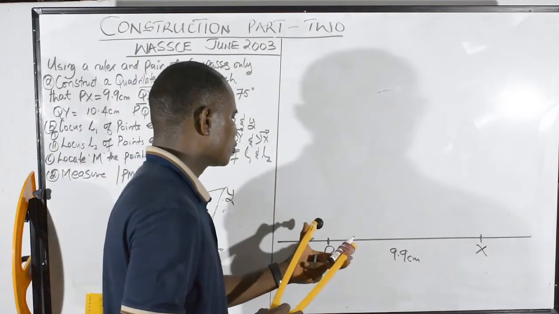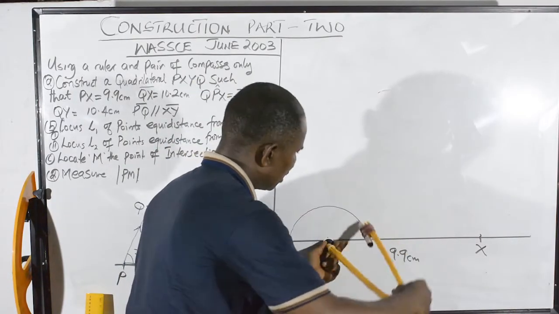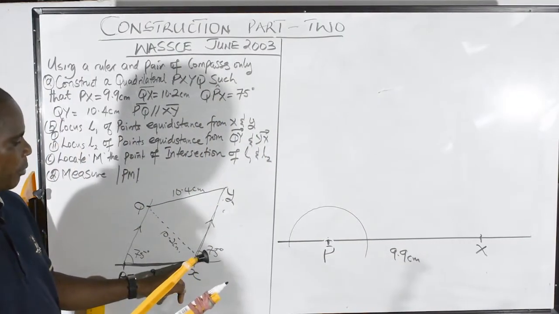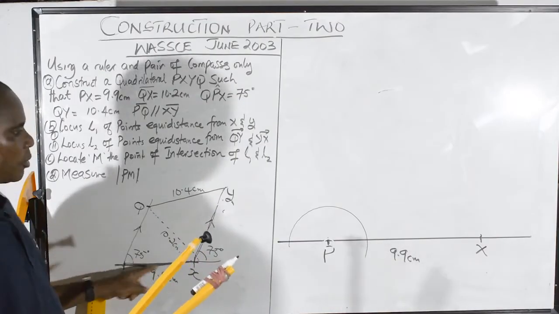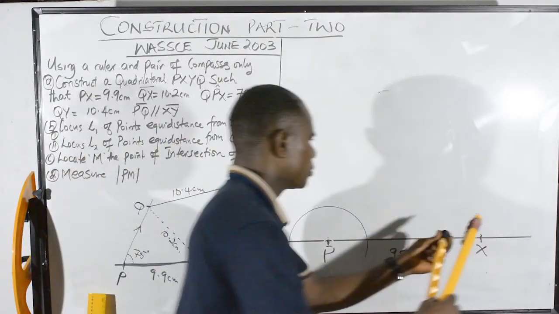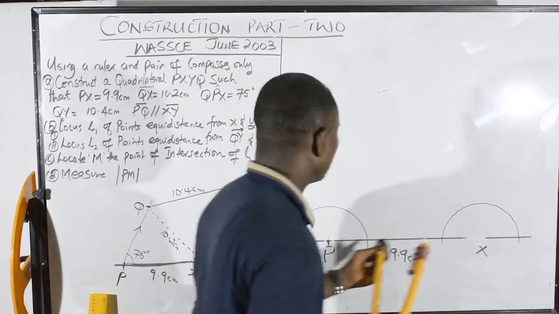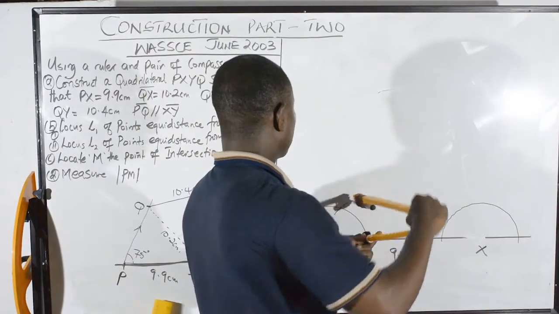and draw a semicircle somewhere there. Because I'm also going to draw the same perpendicular for the parallel line here, I'm going to do the two together. So I move there, I get somewhere there. Now I move the same radius, strike, move, strike.